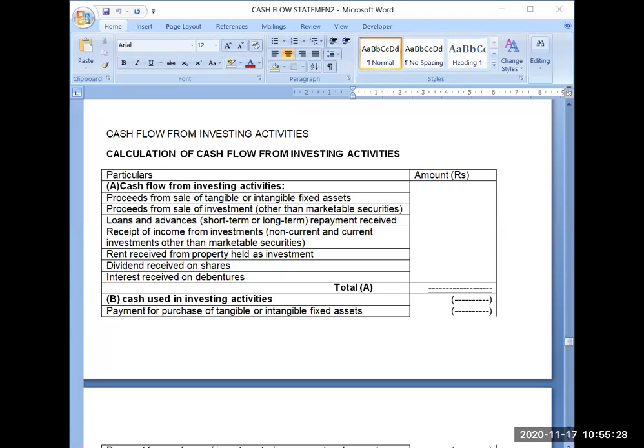So we have to consider accordingly. We have to identify the inflows as well as the outflows of investing activities. Only then we will be able to calculate the cash flow from investing activity.